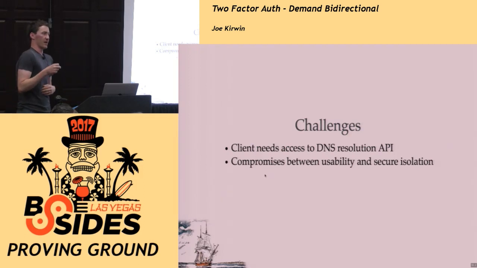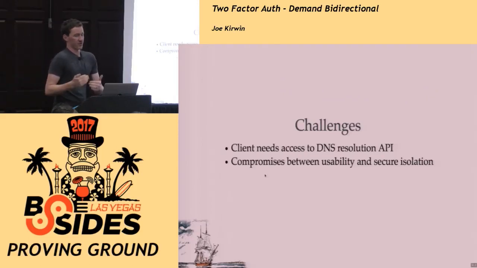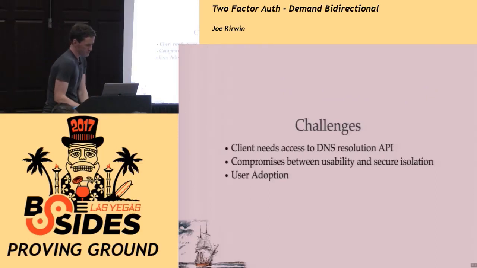So at this point, I put it inside the browser extension. But ideally, as I'll show you in a sec, I'd like to move this out to a mobile app, and the browser extension would just be more of a dumb client that's just relying on the DNS resolution that it got and the token it received from the server, and lets the mobile device do the verification of that. So we've just got a few layers to it.